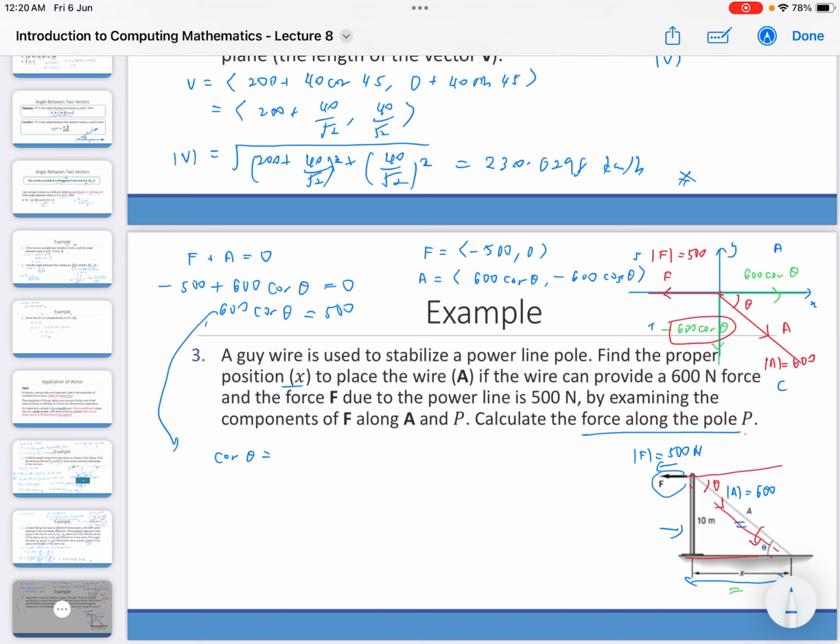So cos theta equals 500 divided by 600, which is 0.8333. Then we can solve for theta. Theta equals cos inverse of this, which is 33.5573 degrees.